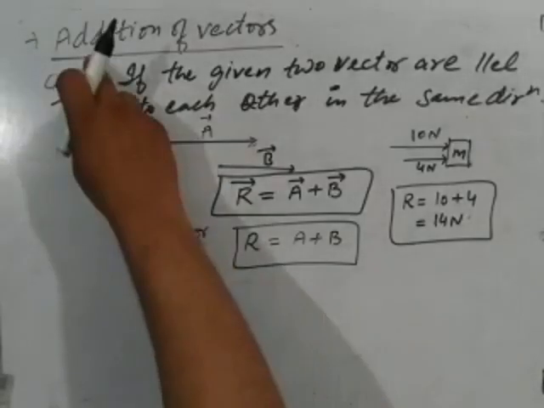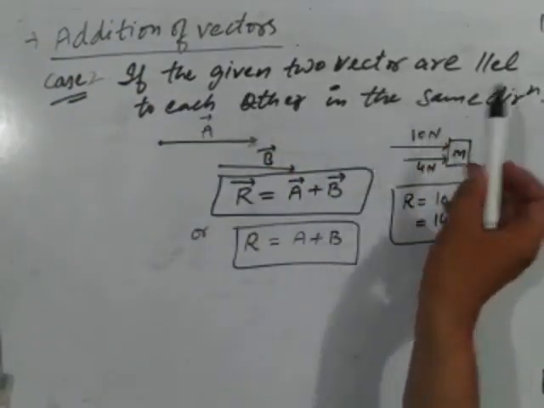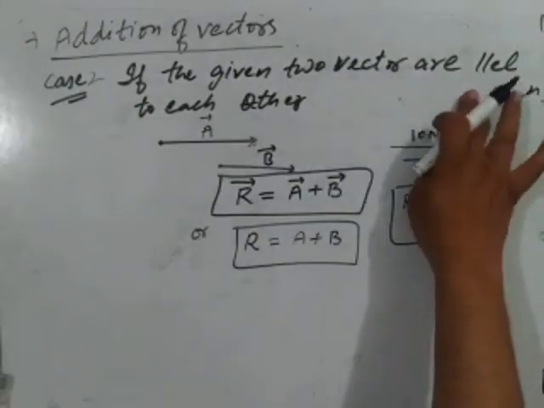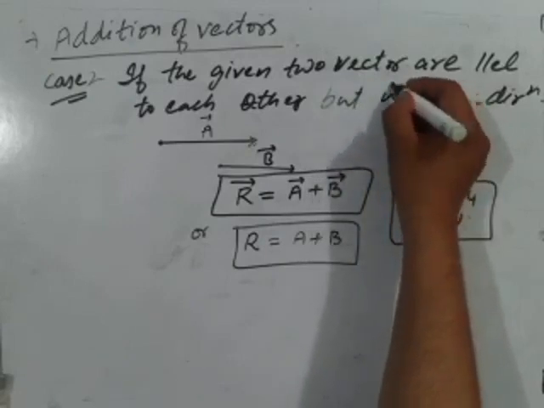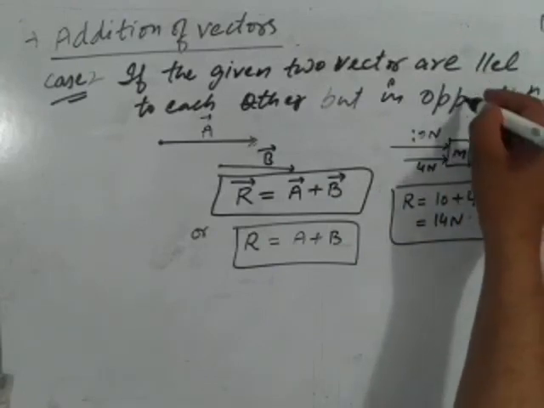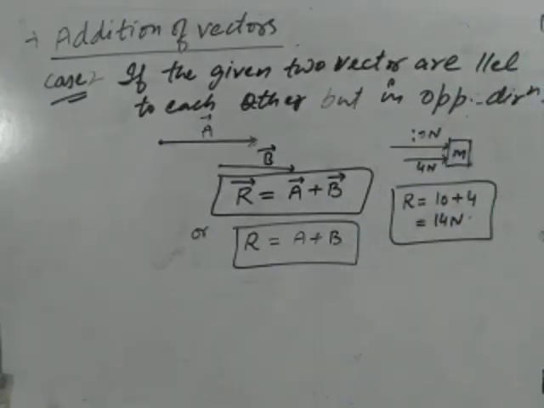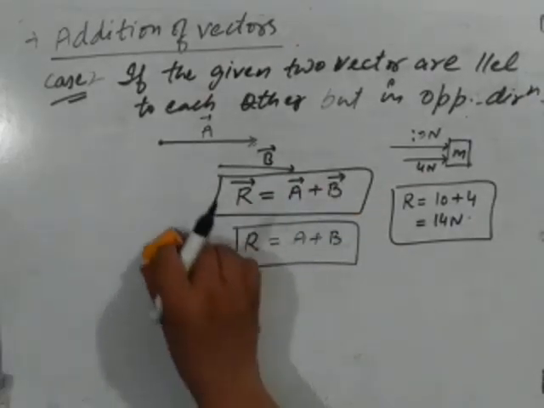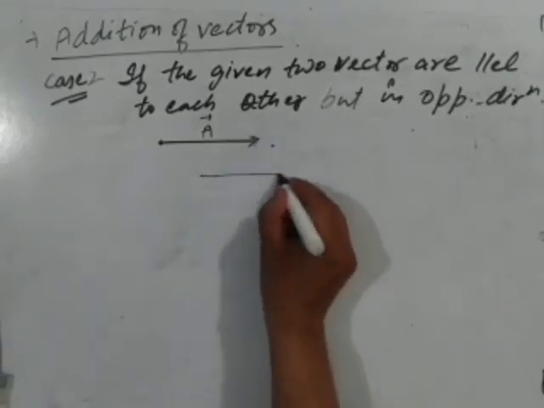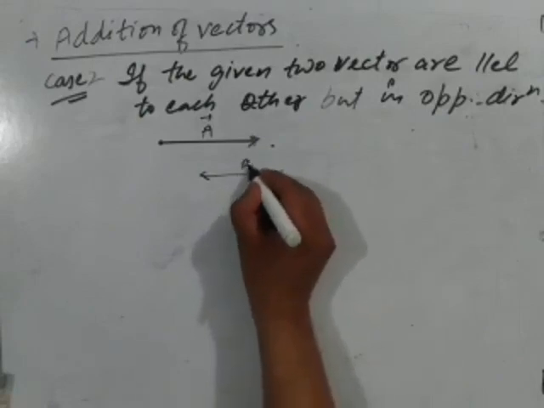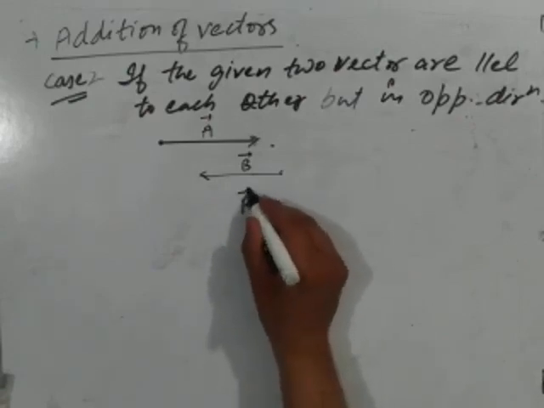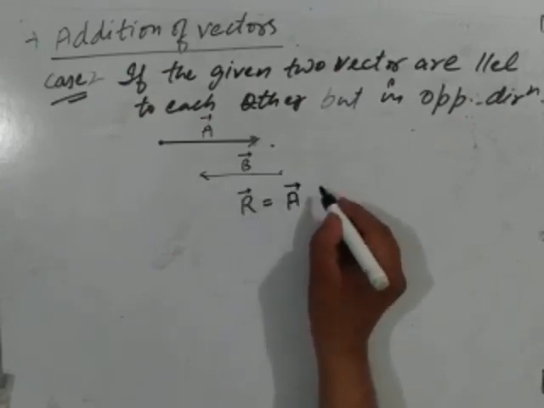Take the second case, case 2. If the given two vectors are parallel to each other but in opposite directions, so if A is the first vector and B is another vector, both these vectors are parallel to each other but acting in opposite directions, their resultant is given by A vector minus B vector.